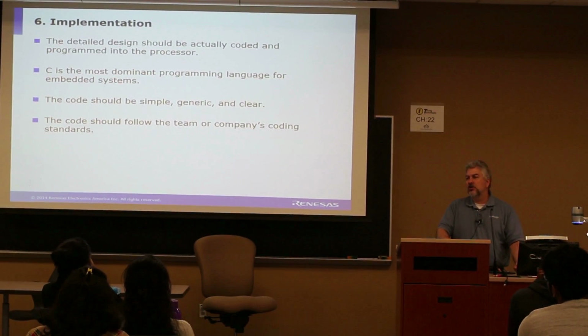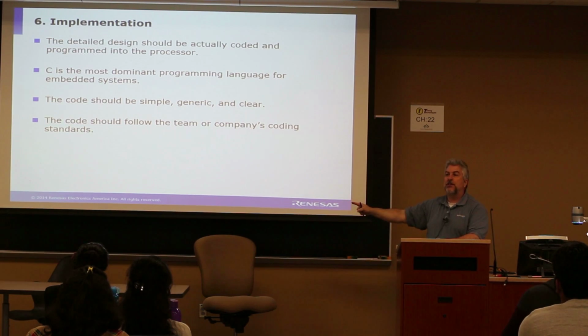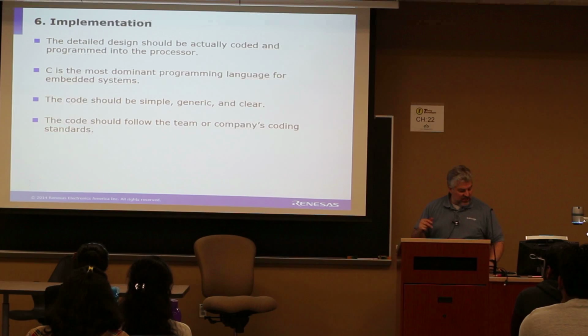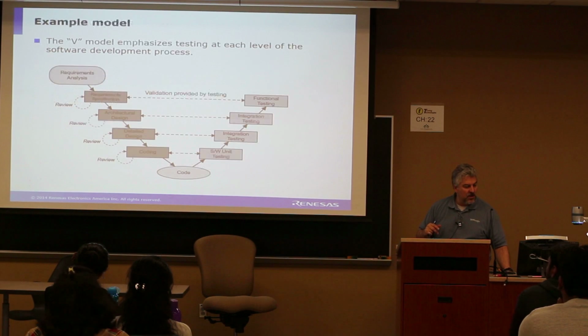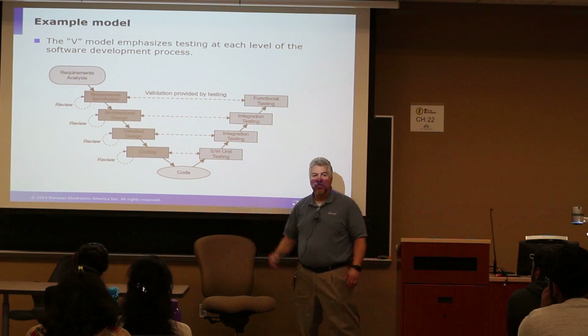Implementation is called coding. Hopefully, you have learned in the process that you should be doing all of those steps first before you ever write code. And then when you write code, you do it slowly. Remember that V all the way at the beginning, and that software unit testing.